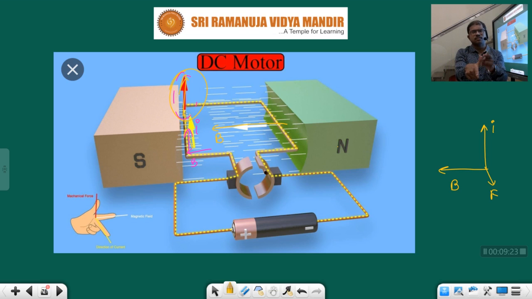Upwards. This is B, this is I, and the thumb represents force upwards. Due to this force, the motor gets rotation, children, and the motor makes rotations.